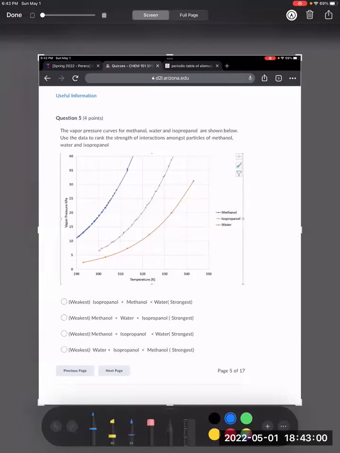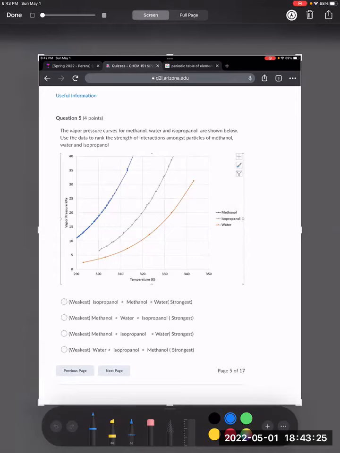Everything else like melting temperature, boiling temperature, density, viscosity, and so forth will be higher if you have strong intermolecular forces, but something like vapor pressure and volatility must be lower with stronger intermolecular forces.